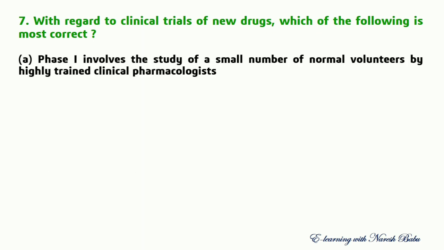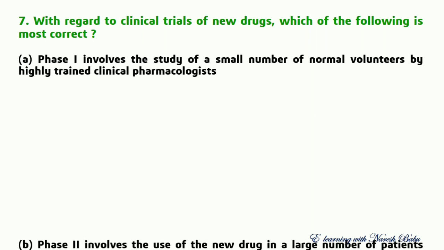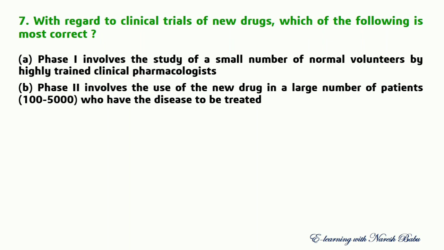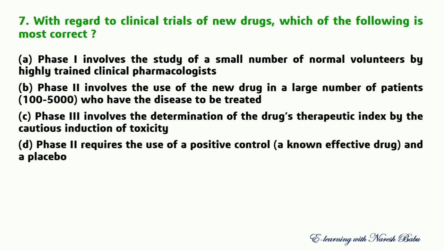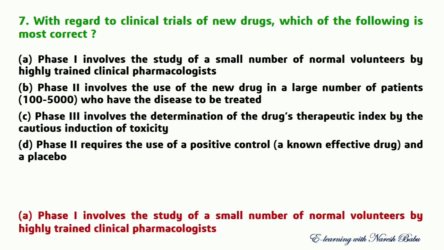Phase 1 involves the study of a small number of normal volunteers by highly trained clinical pharmacologists. Phase 2 involves the use of a new drug in a large number of patients, 100 to 5000, who have the disease to be treated, but it is a wrong statement; 100 to 500 is the limit in phase 2. And C, phase 3 involves the determination of the drug's therapeutic index by the induction of toxicity. We see that in phase 2, not in phase 3. And phase 2 requires the use of a positive control and a placebo. So this is also a wrong answer. So the correct answer is A. Phase 1 involves the study of a small number of normal volunteers by highly trained clinical pharmacologists.